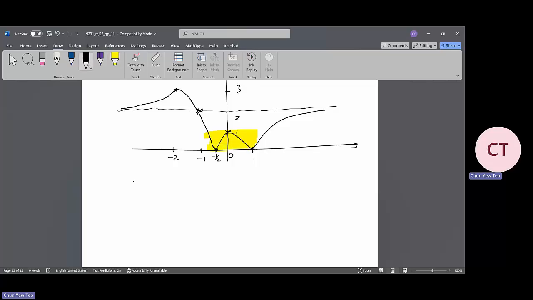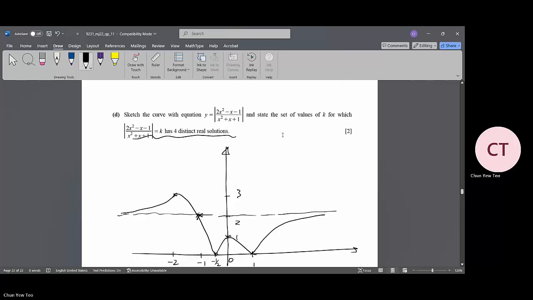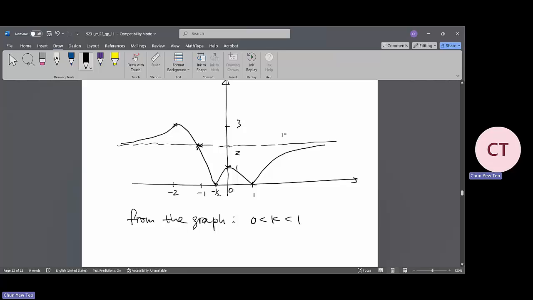So from the graph, your k must be between 0 to 1. No need to show any working over here. Just from the graph we get this result. So this will be the answer for 4D.